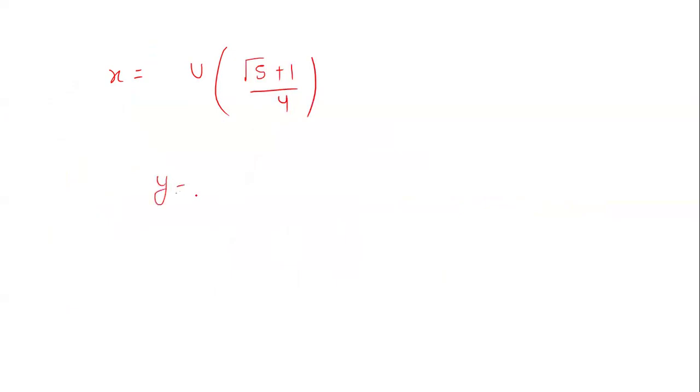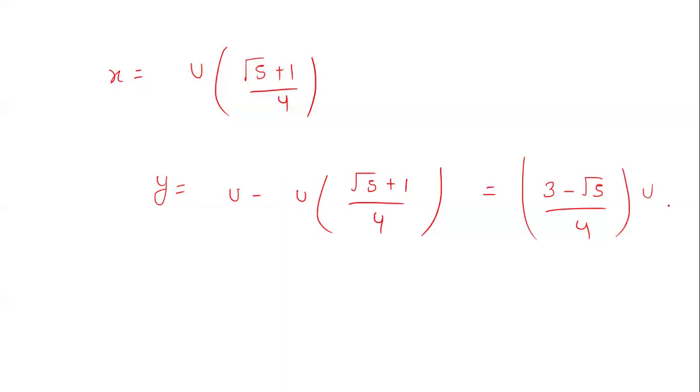So Y is equal to U minus U times (root 5 plus 1) by 4, which is equal to (3 minus root 5) by 4 times U. Now we got the value of Y.